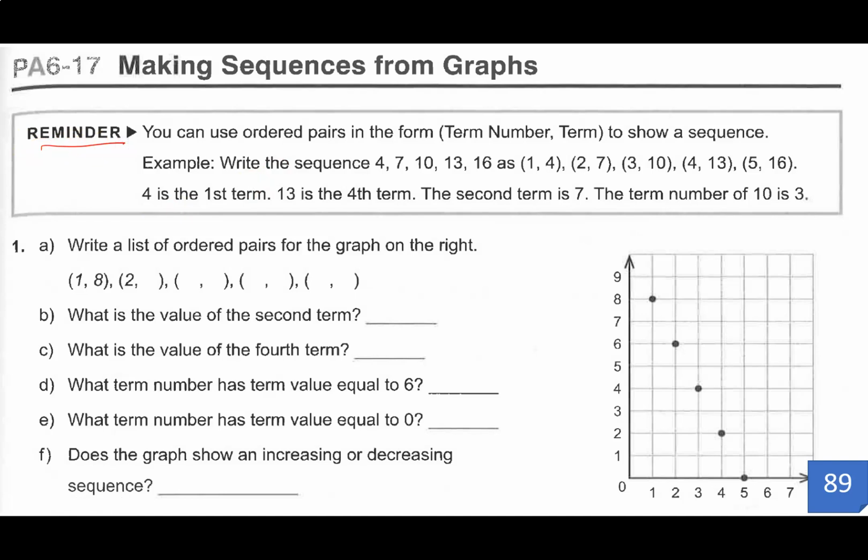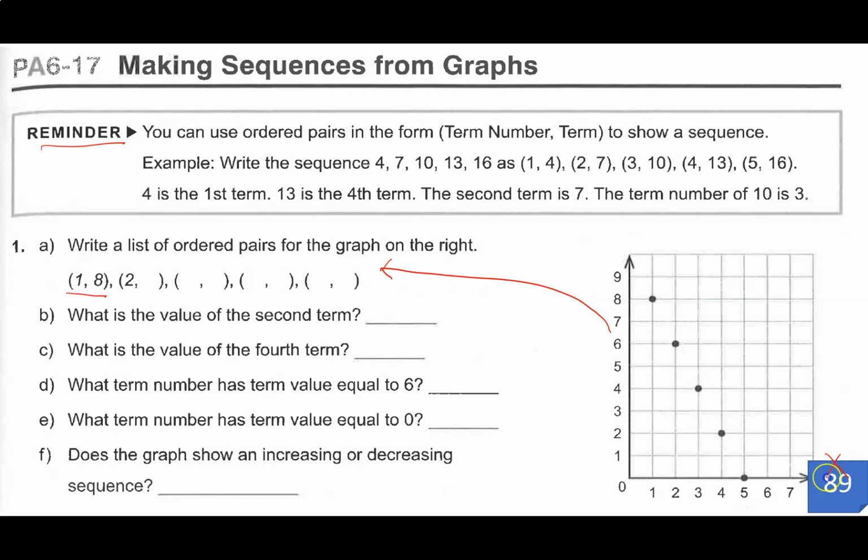1a says, write a list of ordered pairs for the graph on the right. So this time we are going backwards. We are given a graph and we are going to take the information on the graph and write our list of ordered pairs. So we can see the first ordered pair is done for us. The x value is 1 and the y value is 8.